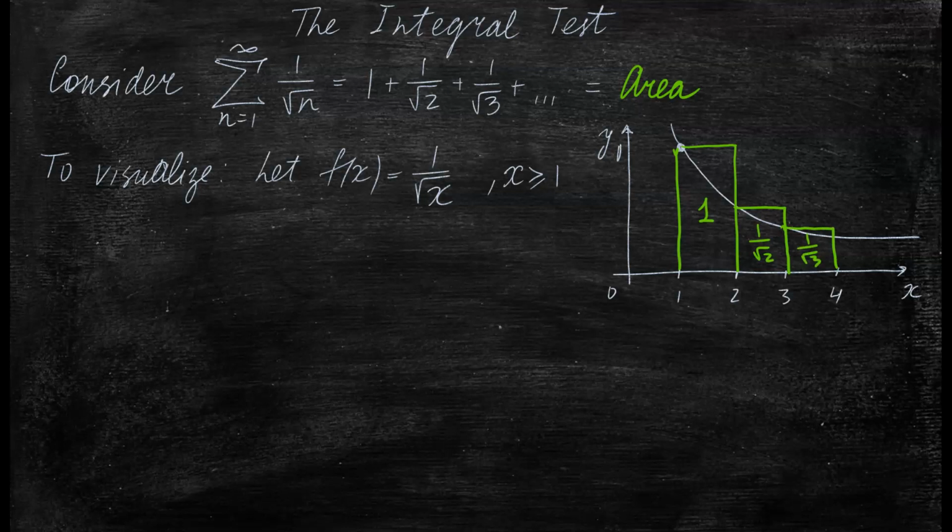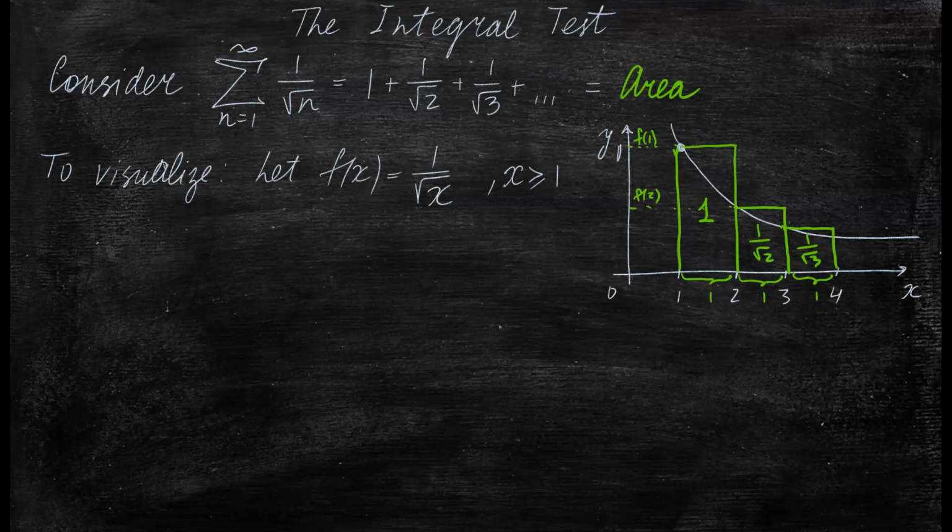Again, how do we find the area? We multiply the base, which is always 1, by the height, which is equal to the output of the function at that point. So this is f of 1, this is f of 2, and so on.